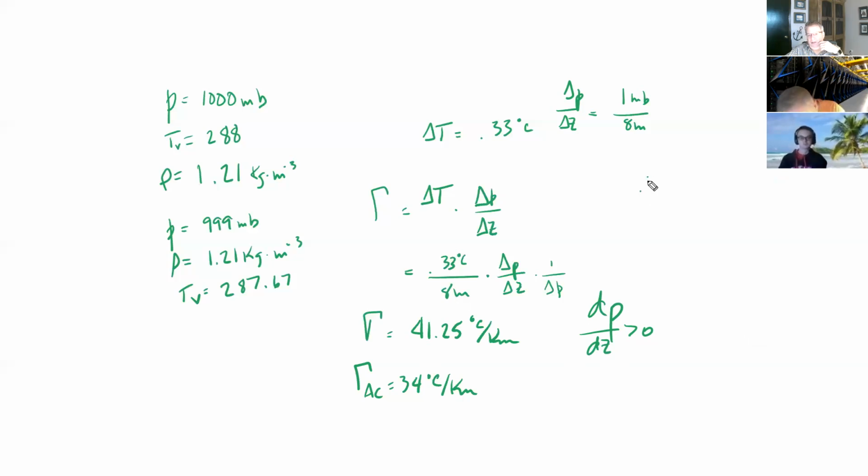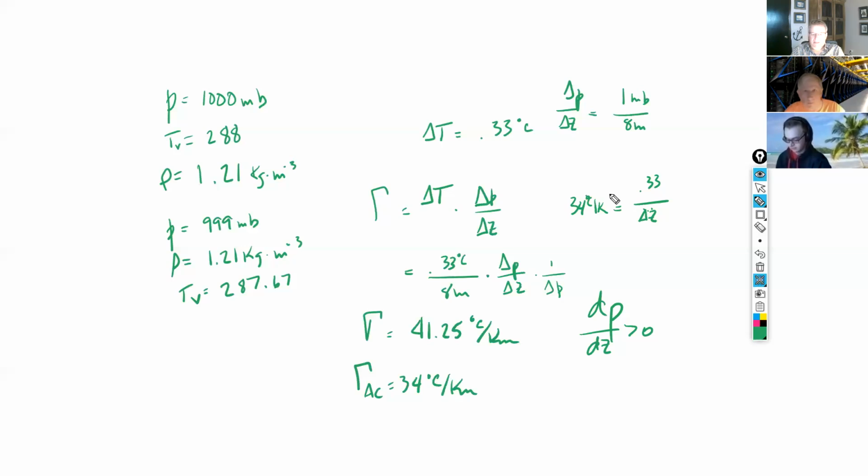Well, let's go 0.33 divided by something is equal to 34 degrees Celsius per kilometer. So 34 divided by 0.33 equals 100, divided by 1,000.